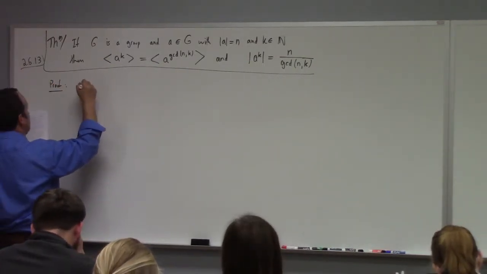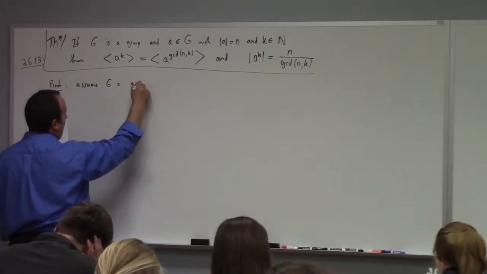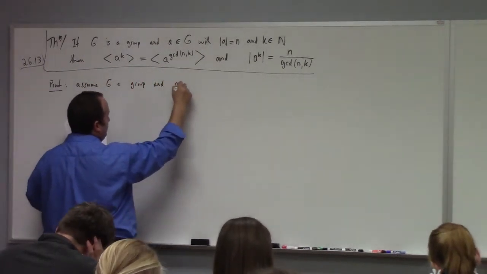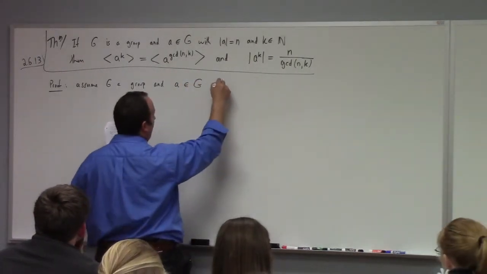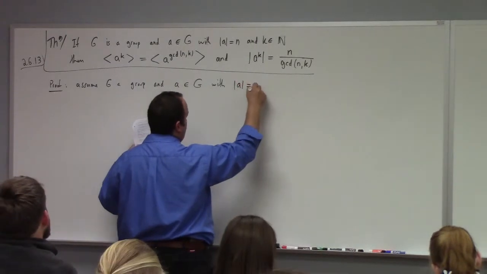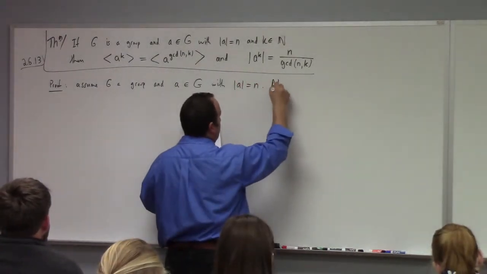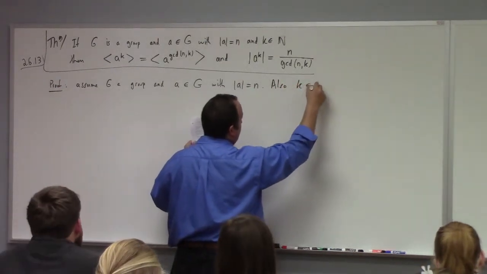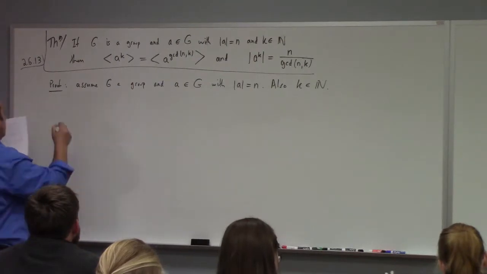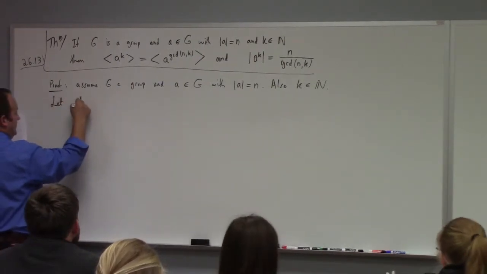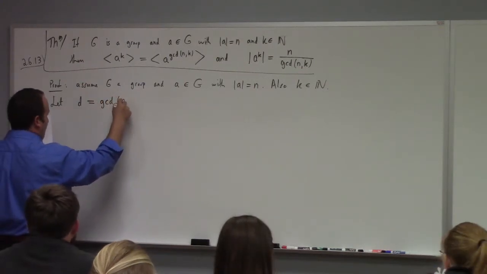Assume G is a group, and a is an element of the group, all right, with the order of a equal to n. Also, k is some natural number. We're going to let d equal the GCD of n and k.